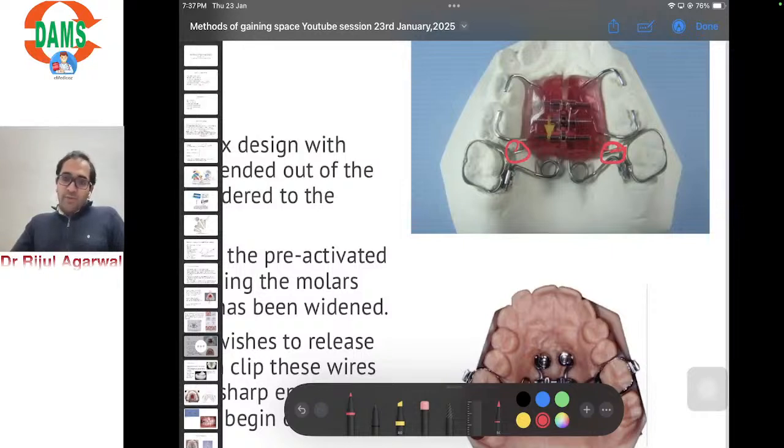Now, once this is soldered, there won't be any distalization. So the movements are divided into two parts. First, expansion is done. Once the expansion is complete, these distally extended solder arms are cut and now the distalization can proceed.